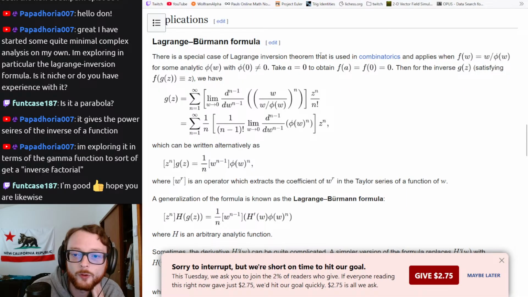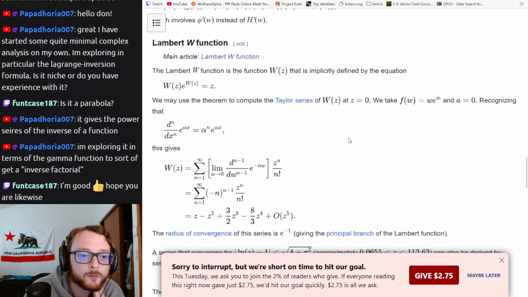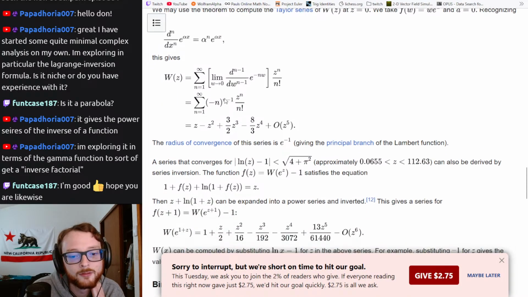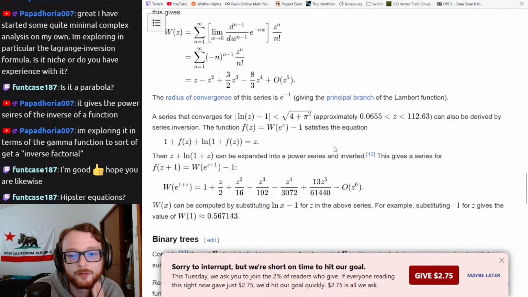I'm using combinatorics apparently. For Lambert W. Oh, that's kind of cool. Yeah, Lambert W is a good idea.